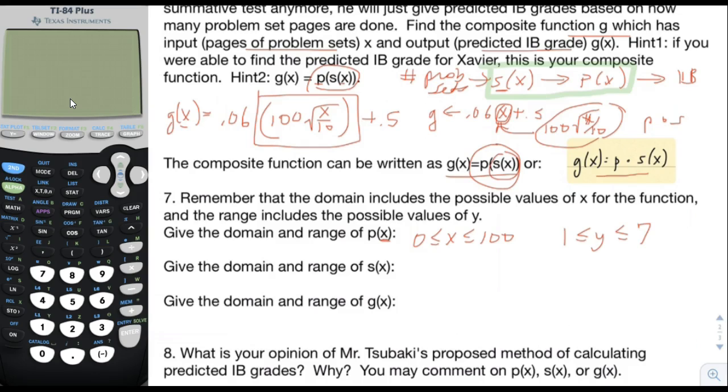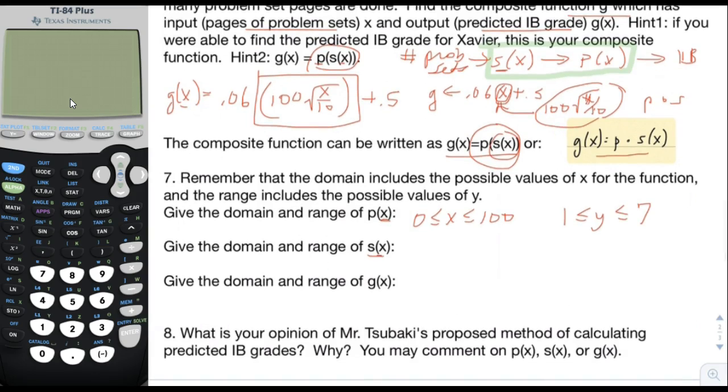Okay, that's what the predicted grade function does. And the summative grade function takes the number of problem sets you did, which ranges from 0 to 10, and then transforms it into a predicted summative test grade, which is between 0 and 100.